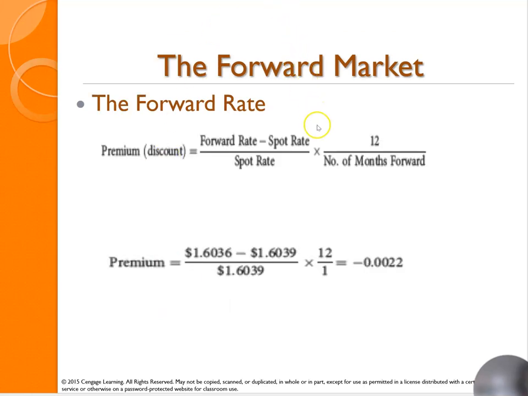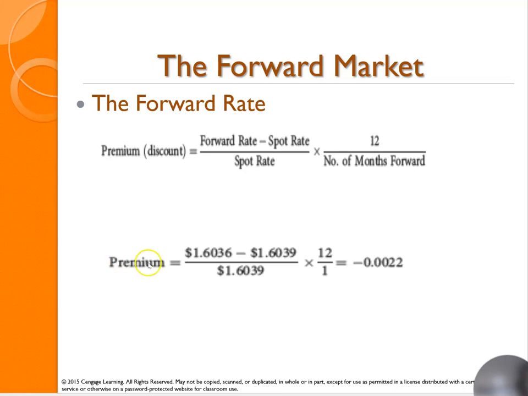This is the way it's calculated. The premium or discount equals the difference between the forward rate and the spot rate as a percentage of the spot rate, okay, that's the percentage, times 12 divided by the number of months forward.